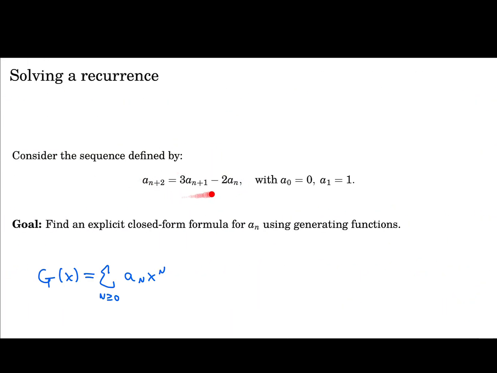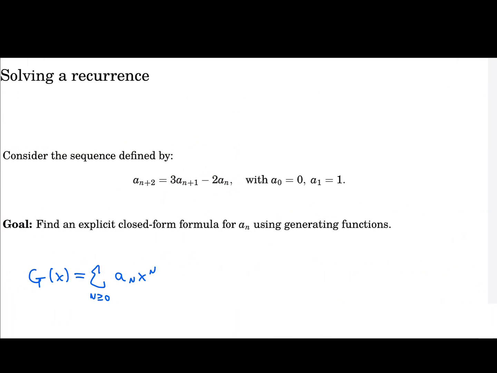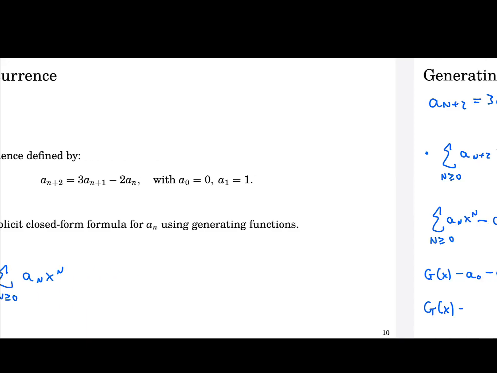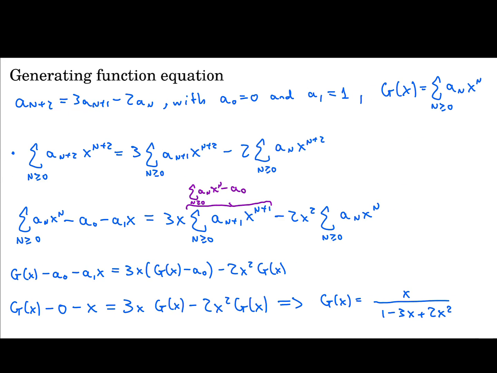And what was the idea? The idea to do that with generating functions is that you define a generating function, and then for the recursion you multiply on both sides by some power of x and take summations. Then you do algebra so that you get an equation in terms of your generating function, and you solve for that.